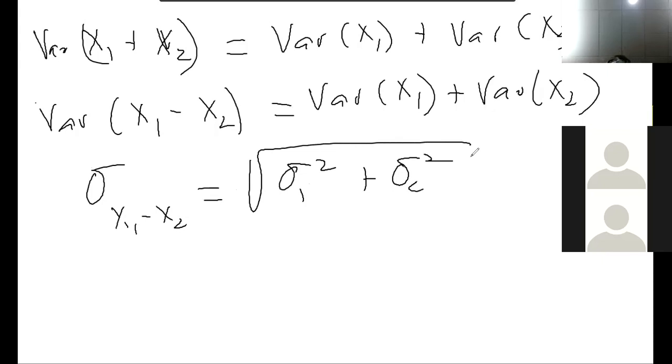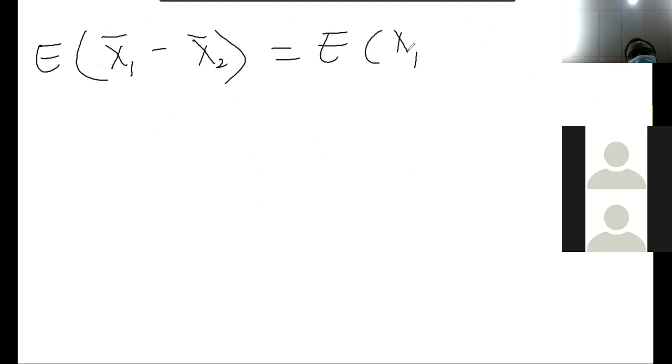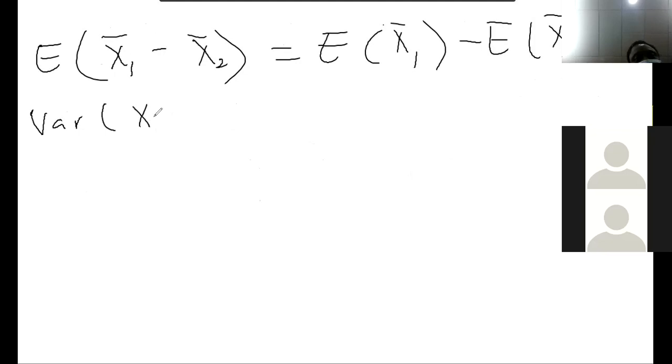So I'm going to erase this and now use 2 means. So if we have two samples, x1 and x2, the mean of x1 bar minus x2 bar, the mean goes to the respective sign. The mean of the difference is the difference of the means. Now, if I want the variance of x1 bar minus x2 bar, what will I get?